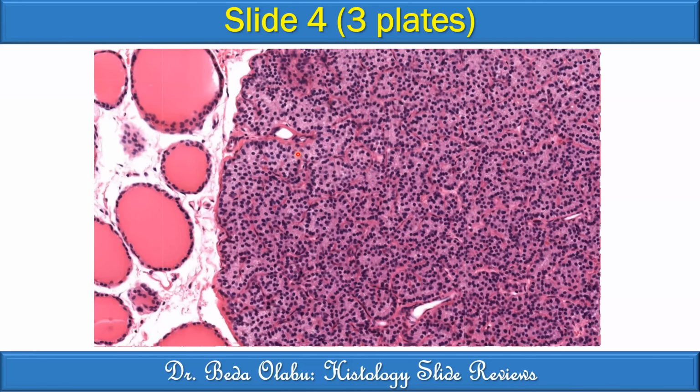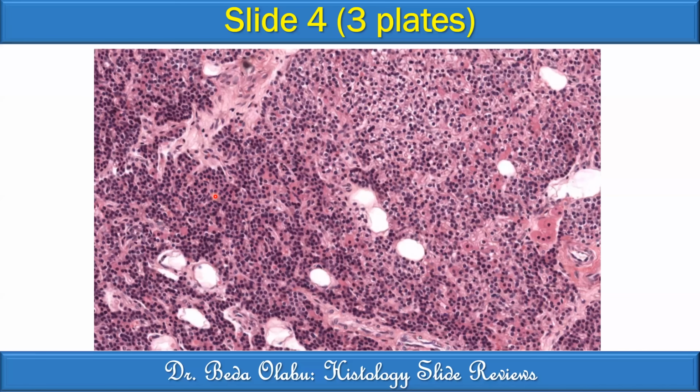At this magnification, I can see that there's a connective tissue surrounding the structure. So I can say that it is encapsulated. Final magnification. So there are the adipocytes that are not picking up the stain.